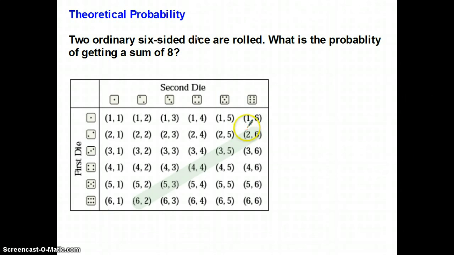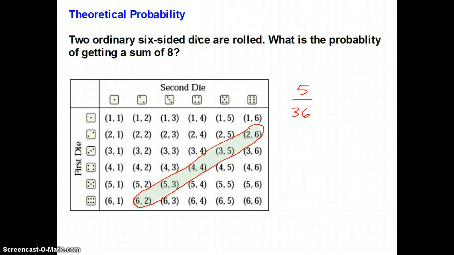And right here we have the sum of 8. And if you count them out, we have 1, 2, 3, 4, 5 different ways that we can sum to 8. So we have a 5 out of 36 chance of getting a sum of 8.